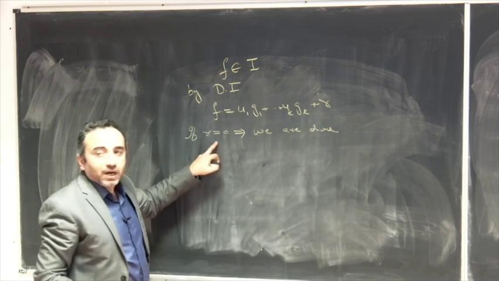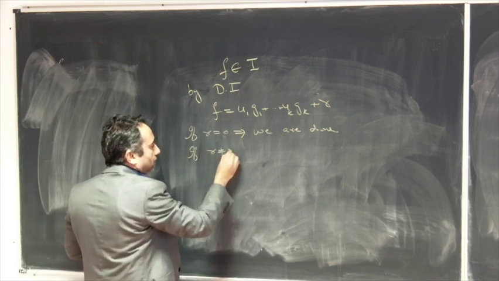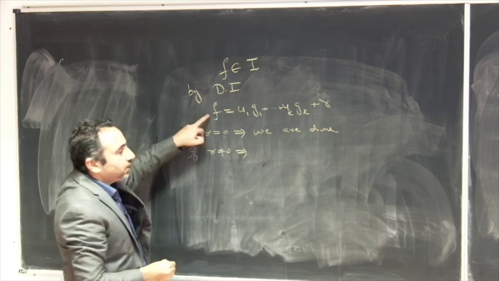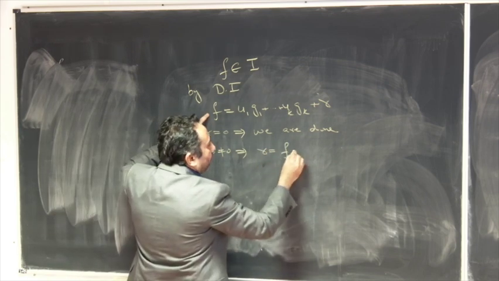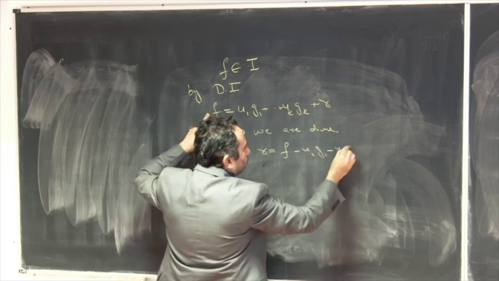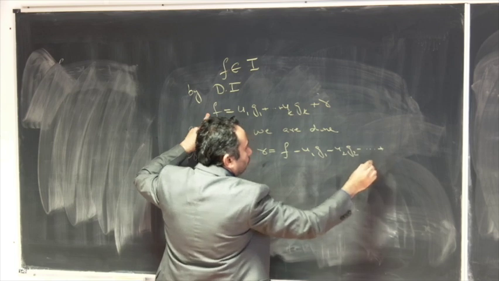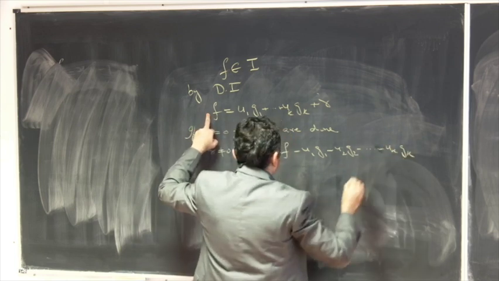Okay, but if r is not 0, then from this equation we get r is equal to f minus u1 g1 minus u2 g2 minus so on minus uk gk.